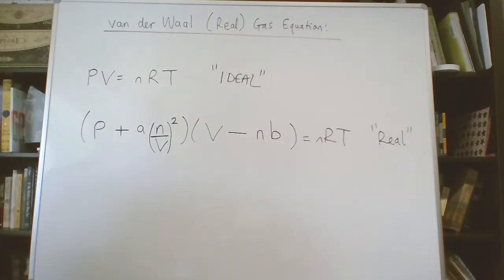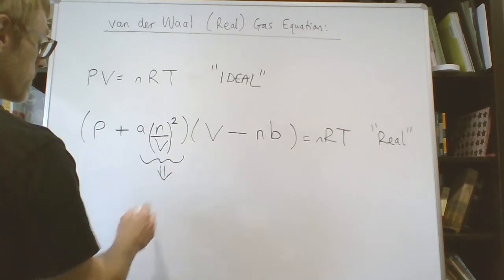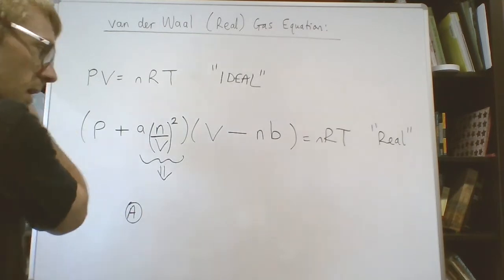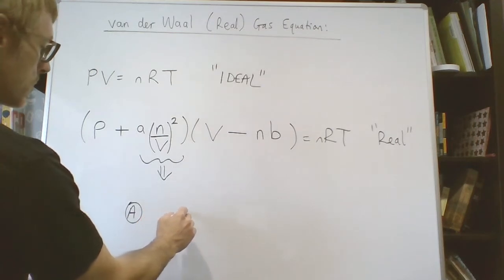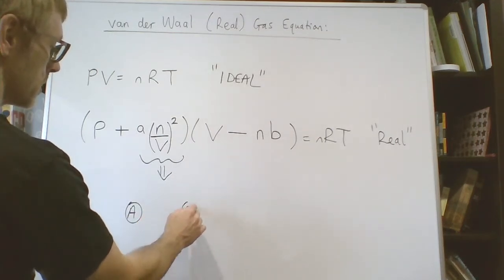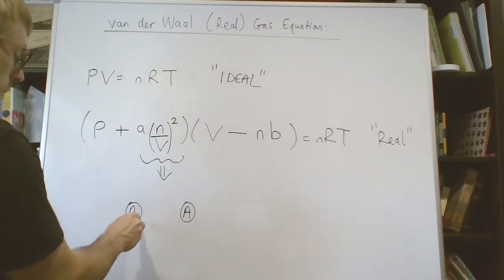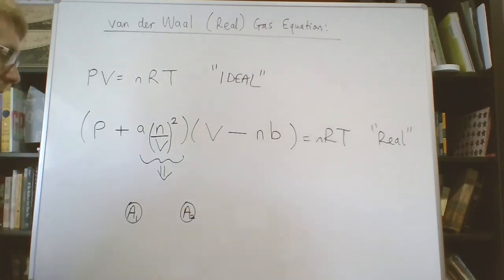So this is the ideal versus the real gas equation. Let's consider where this correction term comes from. Let's say you had a gas A, and we're considering two members of that gas, so two representative constituents of A. Let's say this is the first A molecule, this is the second A molecule.